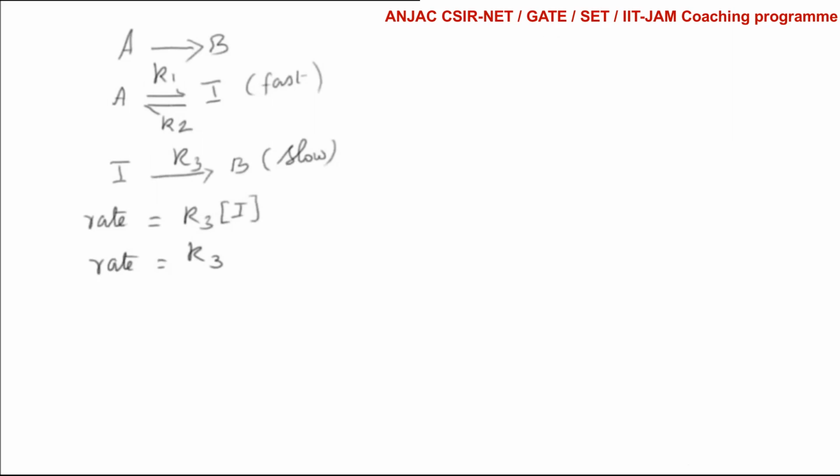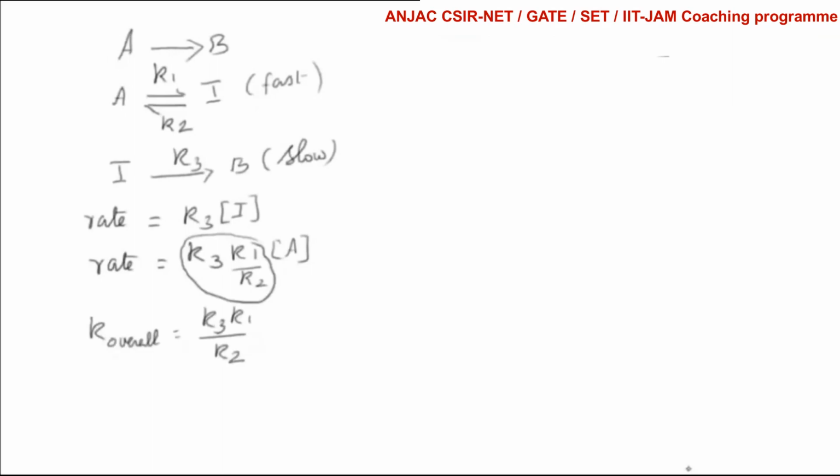Substitute, you will get rate equal to K3 into K1 by K2 into the concentration of A. Is this the correct rate law equation or do we have to proceed further? No necessity. Why? A is the reactant, a stable species. With this, you can stop your work.